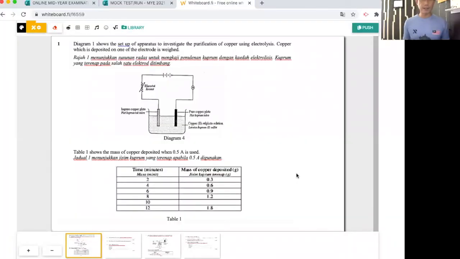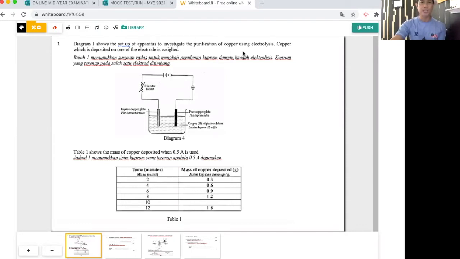All right, so this is the first question that I want you to have a look at. It is an electrolysis experiment. Diagram 1 shows the setup of apparatus to investigate the purification of copper using electrolysis. Copper, which is deposited on one of the electrodes, is weighed.